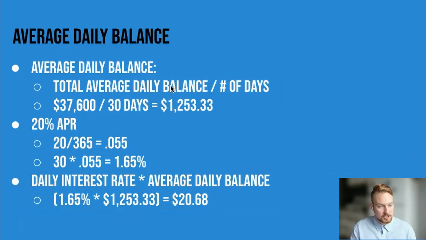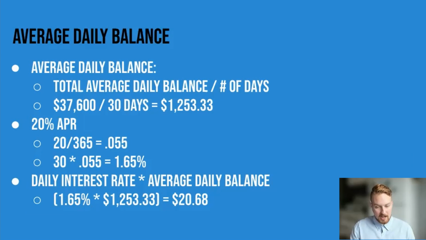So your total balance, $37,600 divided by 30 days, equals $1,253.33. So far, so good. We are just finding out what the average daily balance was throughout the month. We tallied up the balance for all the days and divided it by 30. This is the average daily balance that we held.